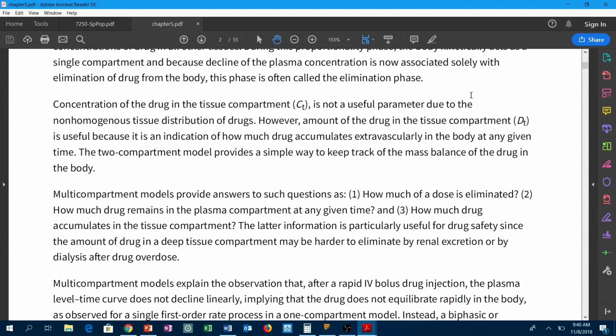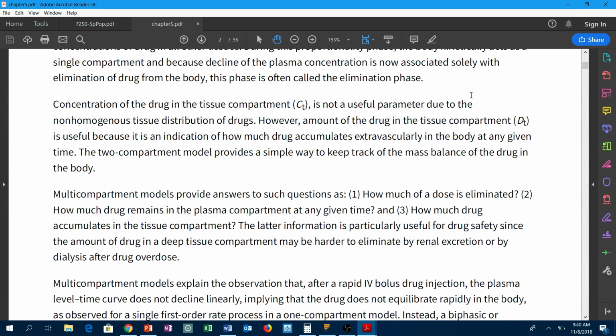Okay, we have to choose from this one. You've got to put A and B. Intercept? That's not an option though. Okay, this is the elimination, distribution, equilibrium.